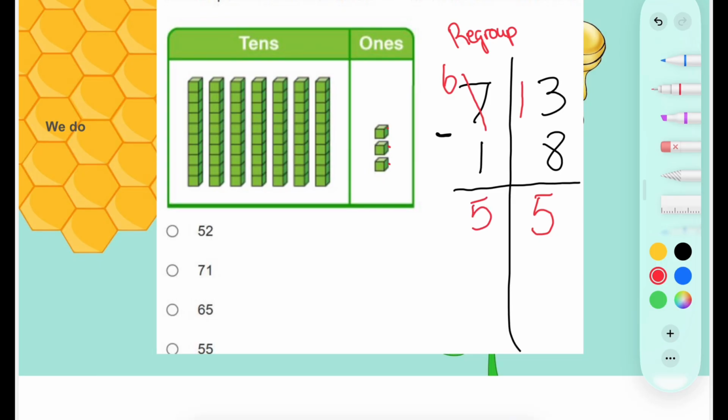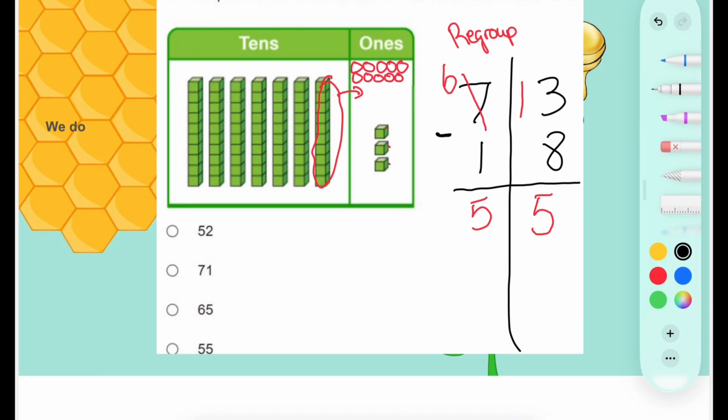In this drawing, it shows us the number is 73. 7 tens and 3 ones. We do not have enough, so we regroup this 10, and we have to draw 10 ones. 1, 2, 3, 4, 5, stop, 6, 7, 8, 9, 10. Now we're ready to subtract.